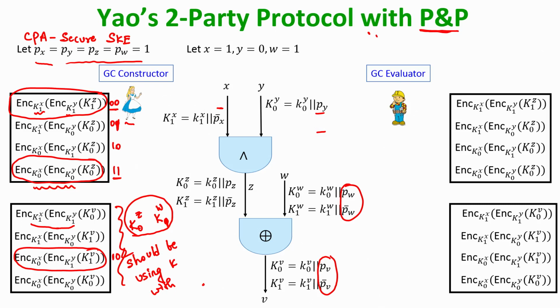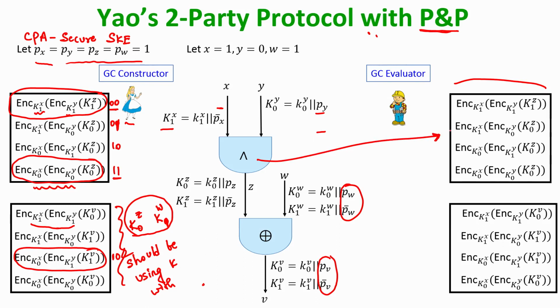So, if x is 1, then Bob will be seeing the key corresponding to x being 1. And if y is 0, then Bob will be seeing only the key corresponding to y being 0, he will not be seeing the other keys. And now, he has to evaluate this AND gate.